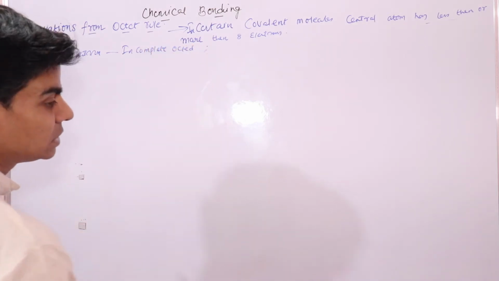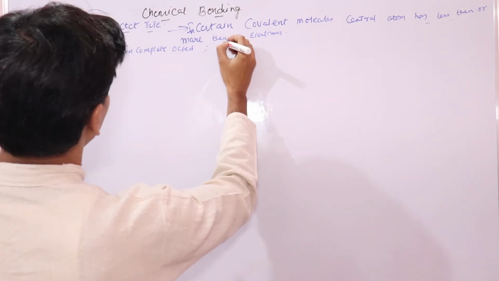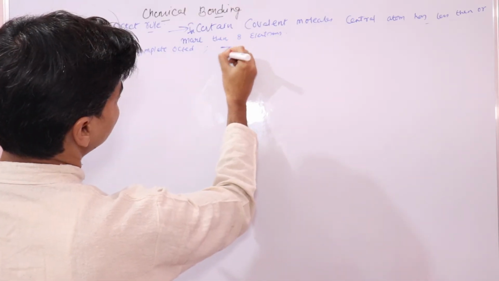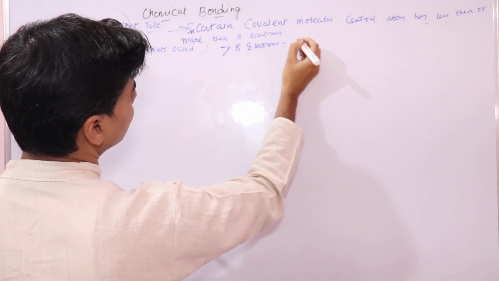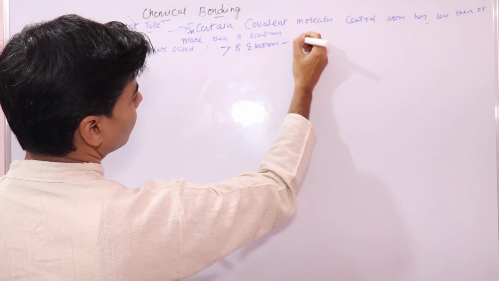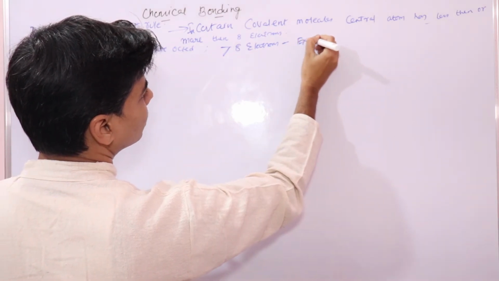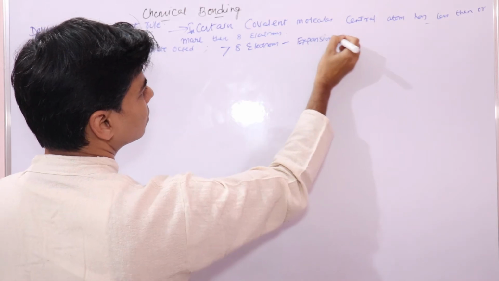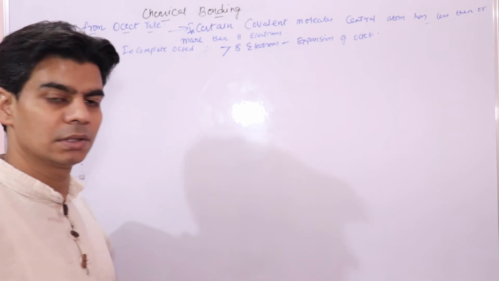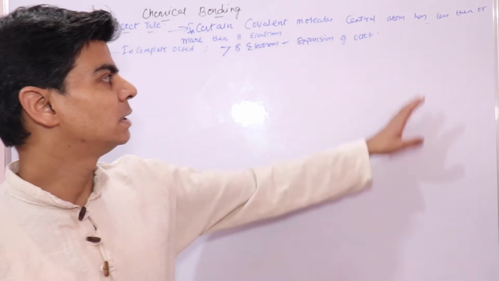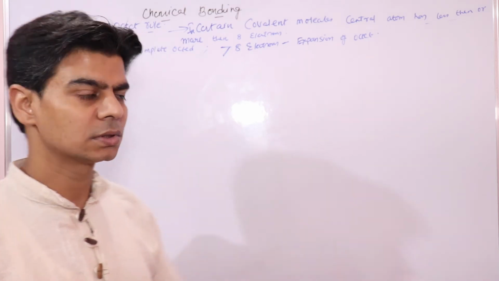And when the central atom possesses more than 8 electrons, we call it expansion of octet. Let's look at the structure of some molecules that have less than 8 electrons and some that have more than 8 electrons.